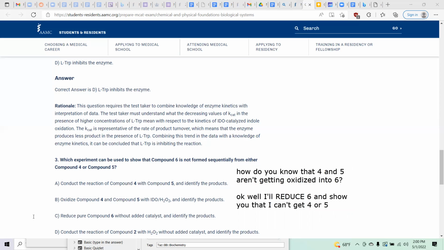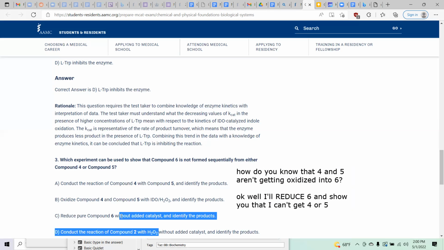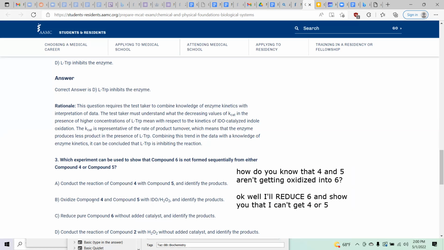The last one: conduct the reaction of compound 2 with H2O2 without added catalyst and identify the products. Again, this is without added catalyst, so why would we do that? That's just a waste of time. The without added catalyst here knocks out C and D, and it forces us to choose between A and B. So between A and B, what do you want to go for and why?